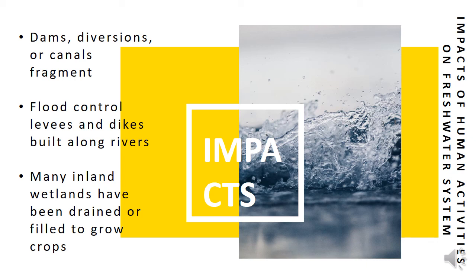Second, flood control levees and dikes built along rivers alter and destroy aquatic habitats, disconnect rivers from their floodplains, and eliminate wetlands and backwaters that are important spawning grounds for fish. And lastly, inland wetlands have been drained or filled to grow crops.